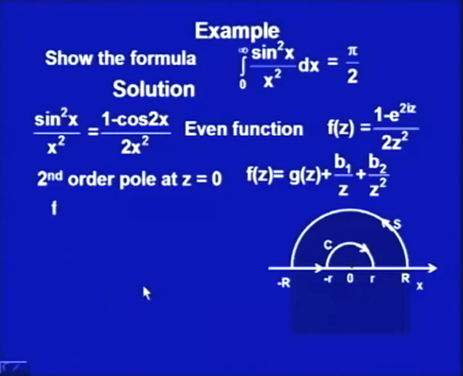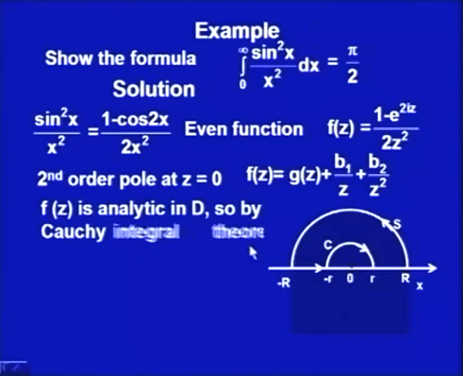Now, if I take the region D as containing the closed contour which I have defined and its interior, then this function f of z is analytic inside and on that closed contour, in the simply connected domain D. So, using the Cauchy integral theorem, the integral along this closed contour would be 0.